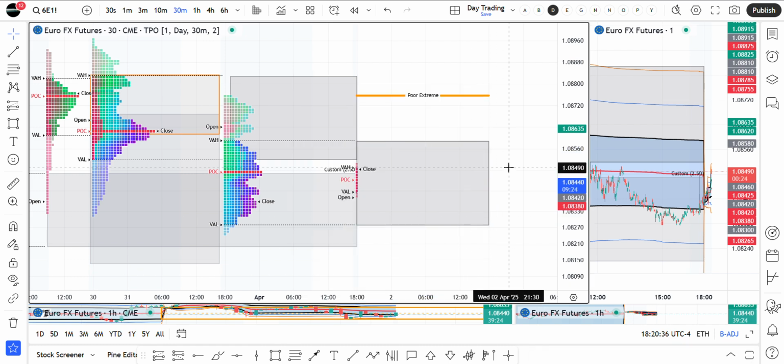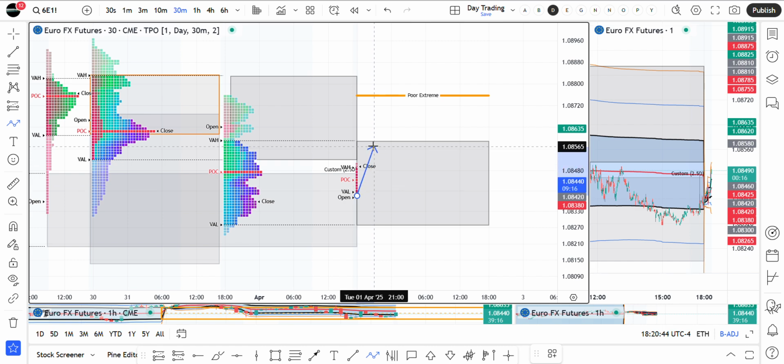Trailing profile. My idea is, where's that thing? We open here, push.